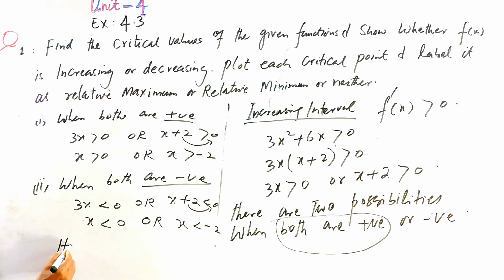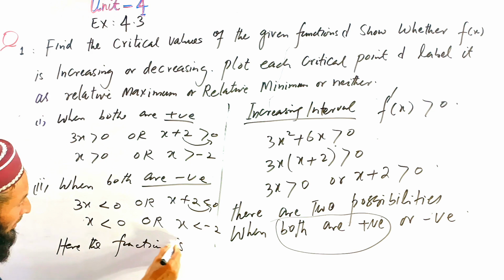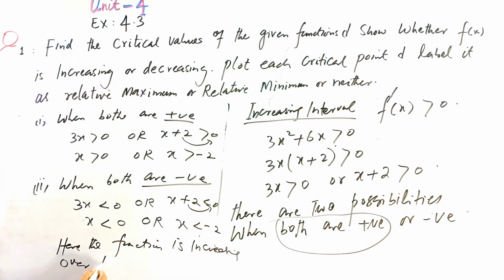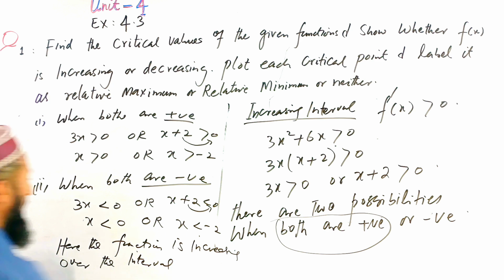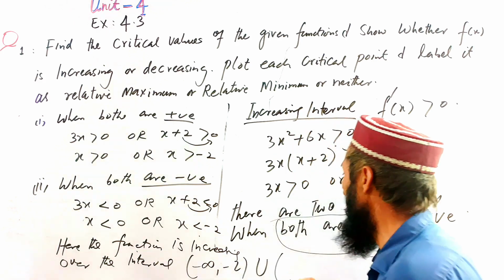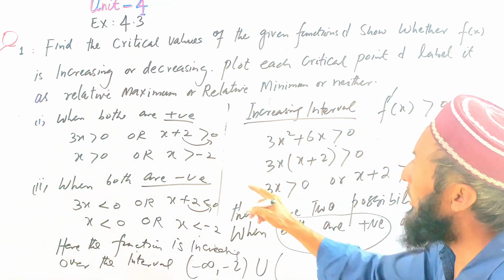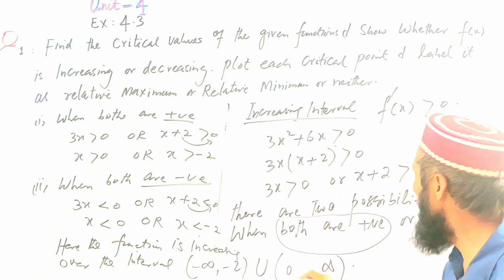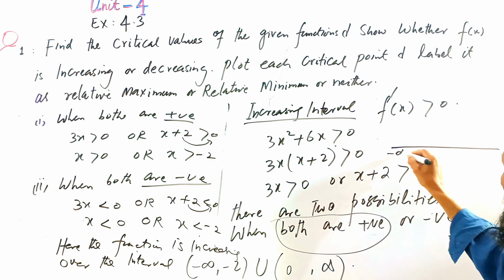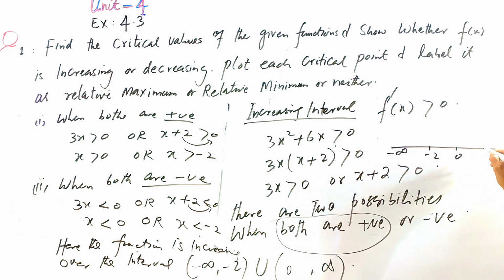Here the function is increasing over the interval from minus infinity to minus 2, and union 0 to infinity.